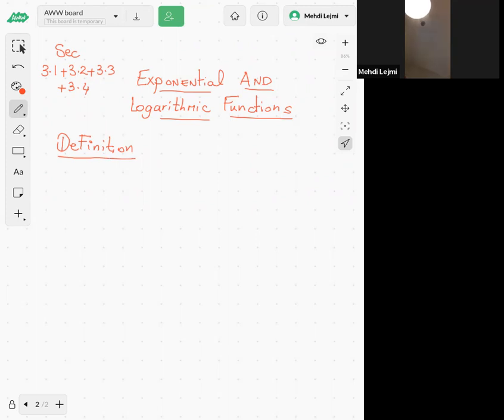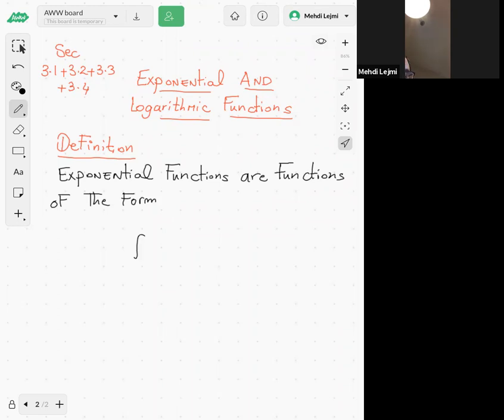Exponential functions are functions of the form f of x equal to b to the power x.